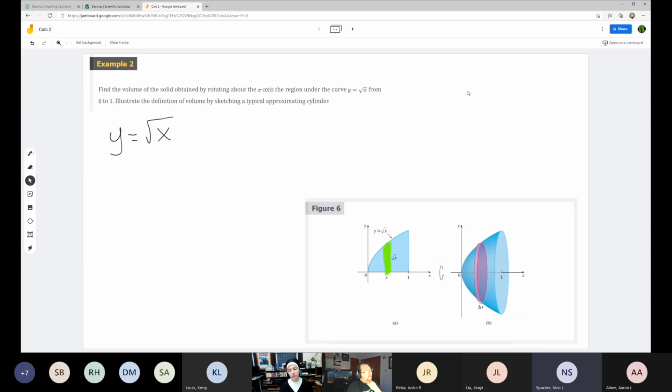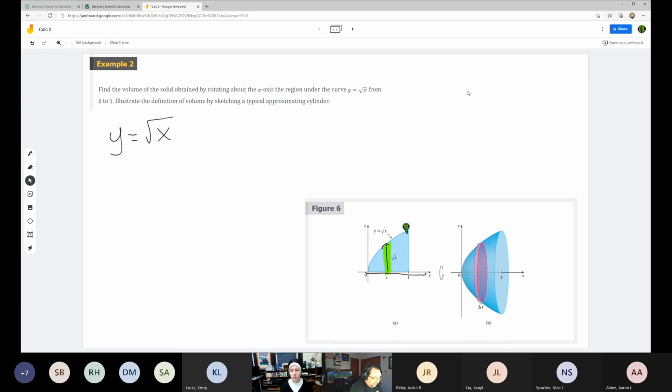How did you decide that? Because we're rotating around the x-axis, the radius is going to be from the x-axis to the edge of the curve. And in this function, my curve is y equals the square root of x. So at 1, the square root of 1 would be my radius.